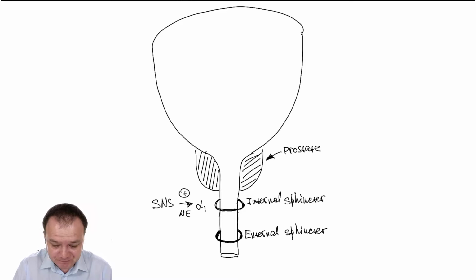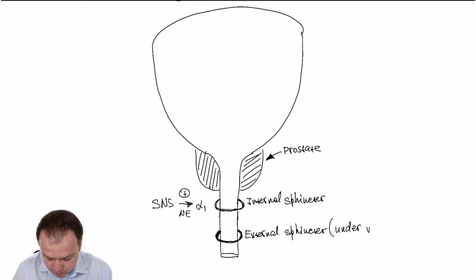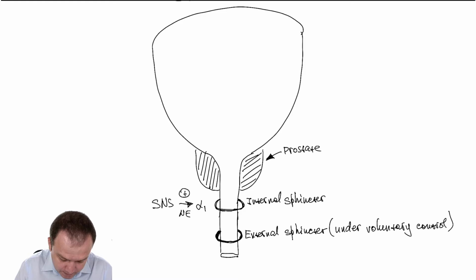Also we have an external sphincter, and this external sphincter is under voluntary control. And we have an NM subtype of receptors.